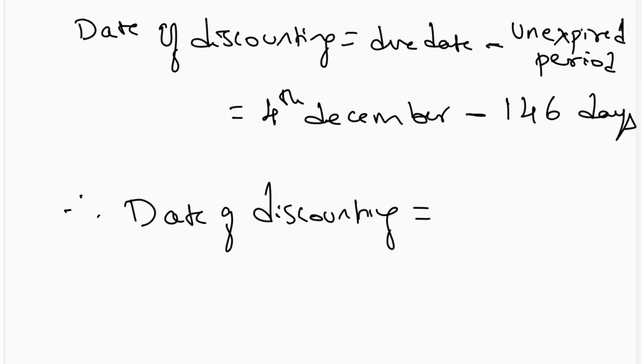If you subtract 146 days from 4th December, with the same logic, counting back through November 30 days, October 31 days, September 30 days, August 31 days and so on, you will get 11th July 2006. This is the date of discounting.